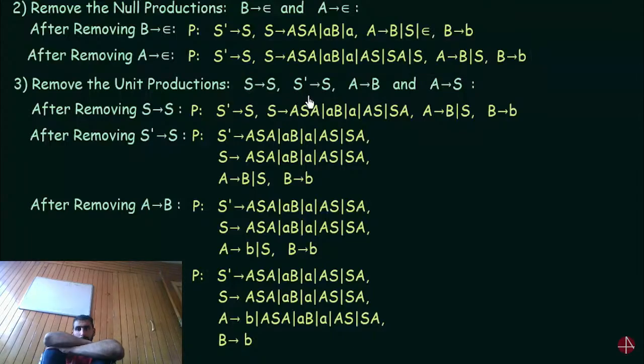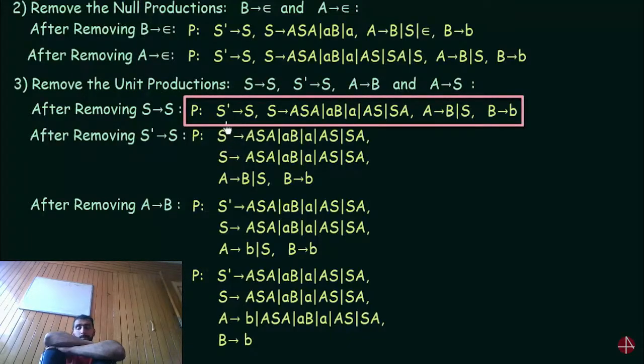Now we have to remove S dash gives S. In order to remove S dash gives S, we have to replace this S with something. So we'll look at the latest production which we have, and here we see that S dash is giving S, and the value of this S is this one over here.